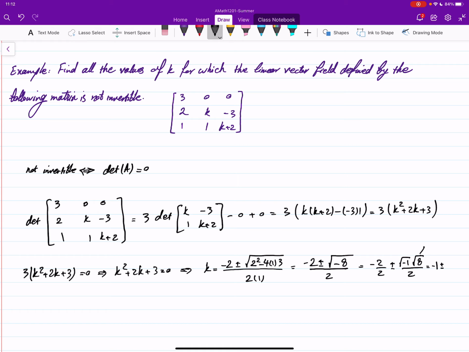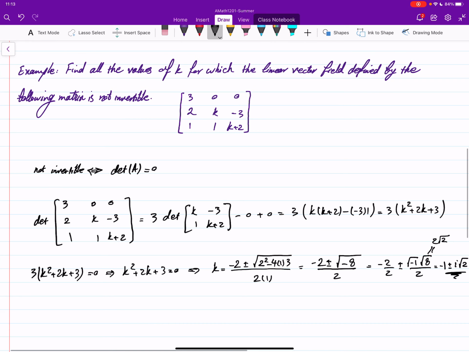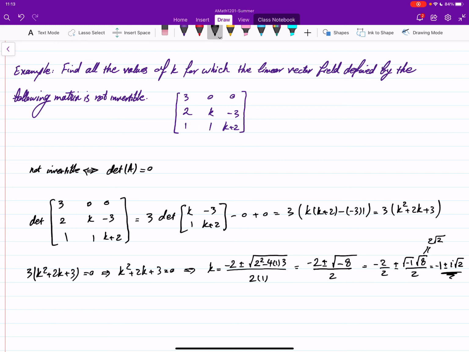Root 8 is 2 root 2. And you simplify 2, you get i root 2. So there are two complex values for k, for which the vector field defined by this matrix is not invertible.